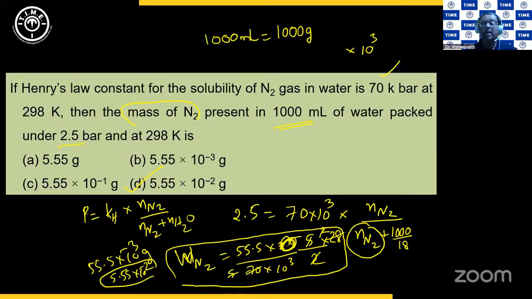That is the first part of this chapter, solutions, we said. And fortunately, there is sufficient time for us to take up the second part, which is Raoult's law, which is for liquid in liquid. I'll give you a few seconds to check if you have understood, or if any questions are there under Henry's law, we'll clear them and then we'll move on to the second part of this chapter.